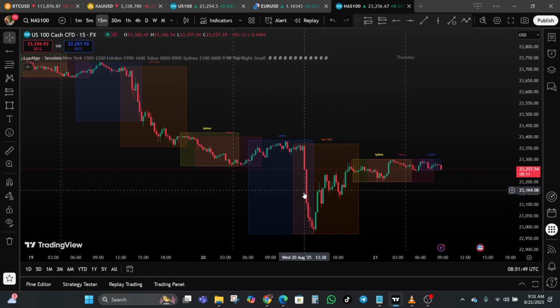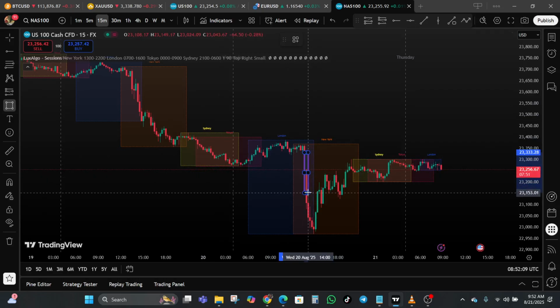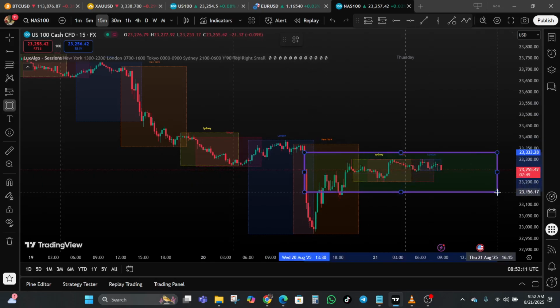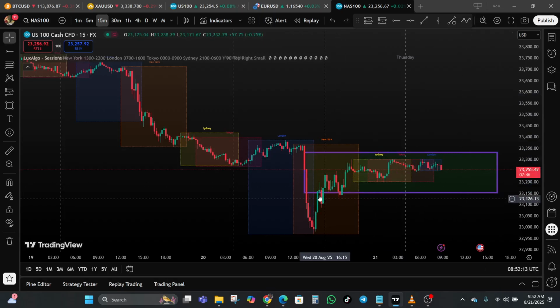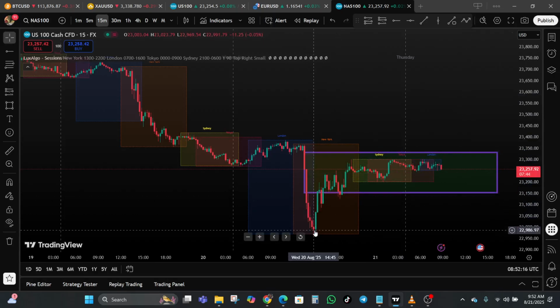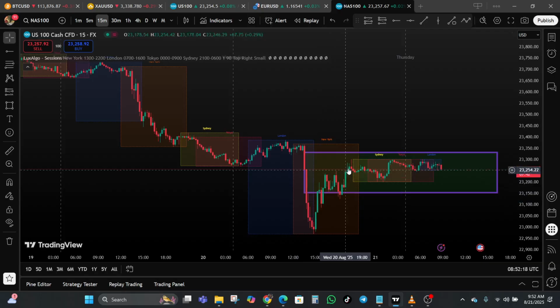In indices, fair value gaps are frequently revisited. So you can see now that we had a fair value gap here, and even here. So we have fair value gaps within this zone. And guess what? As price dropped all the way here, it eventually came back to revisit this fair value gap zone, as you can see.